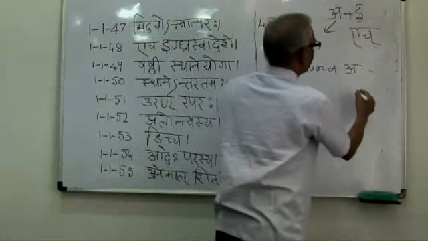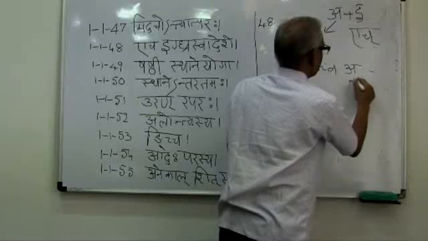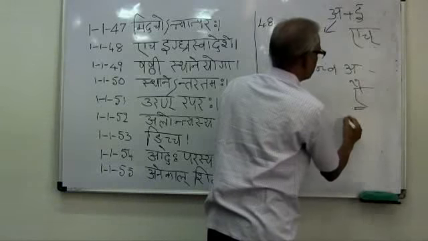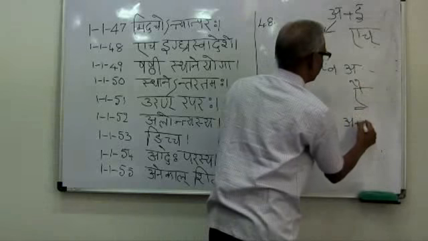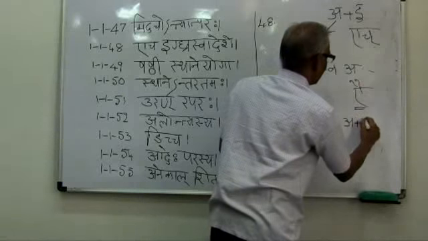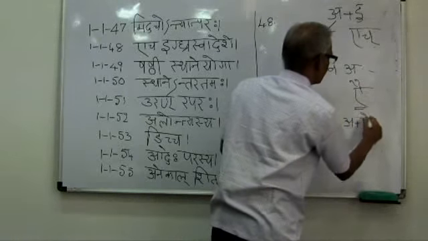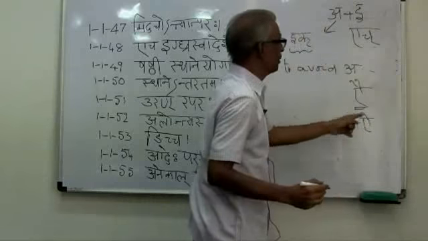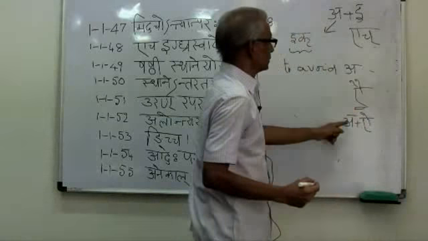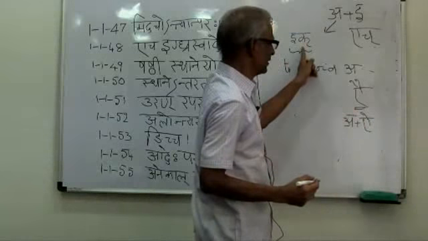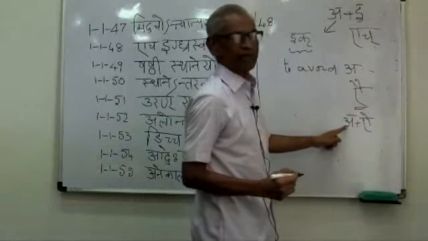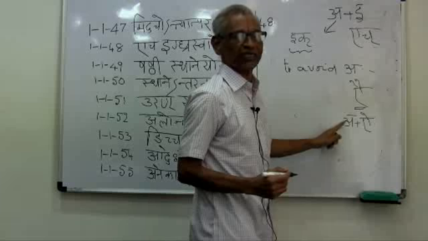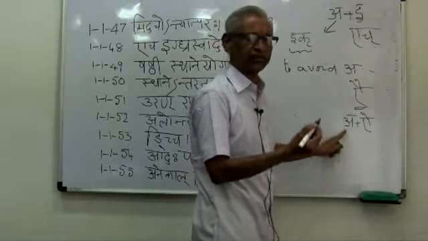In the same way, ai. This ai also is a plus e. Suppose we don't say ik, we may commit the mistake of taking the hrasva as akara, because akara also is a hrasva.